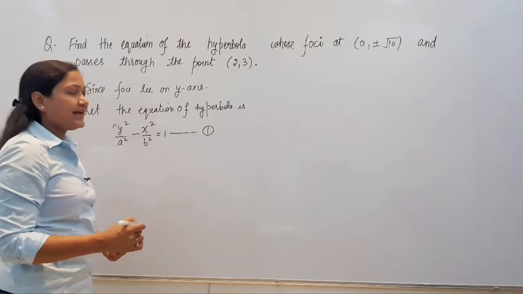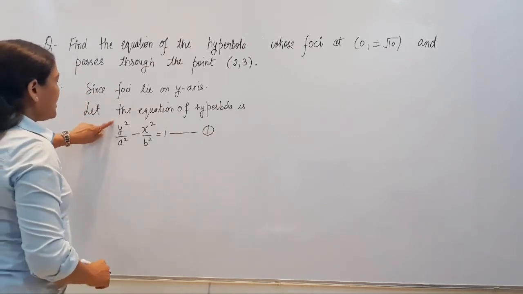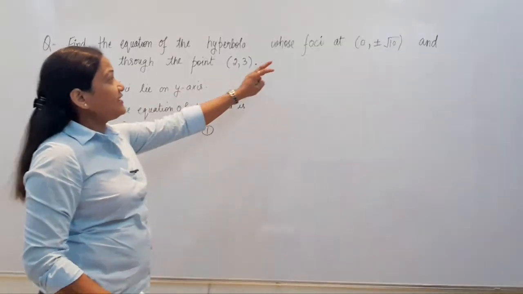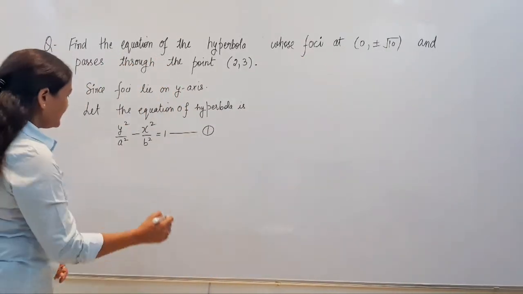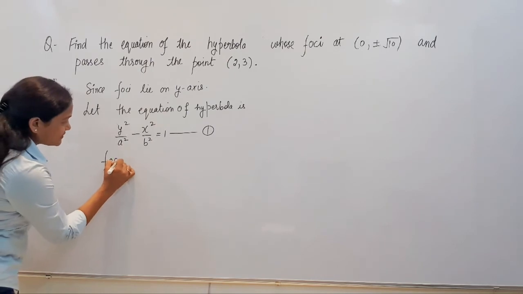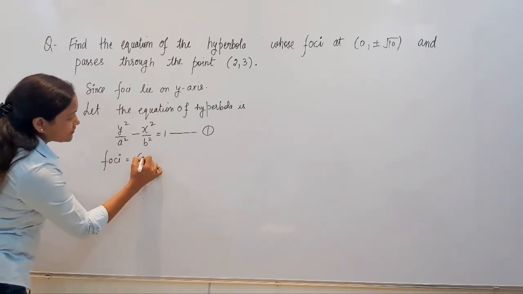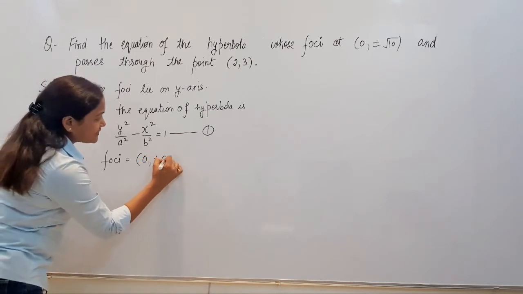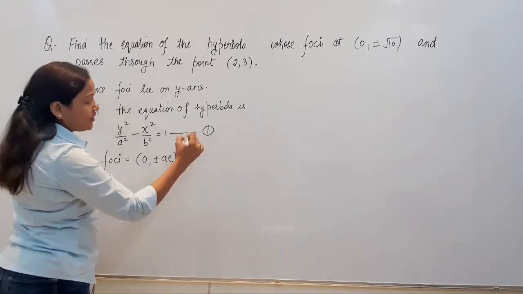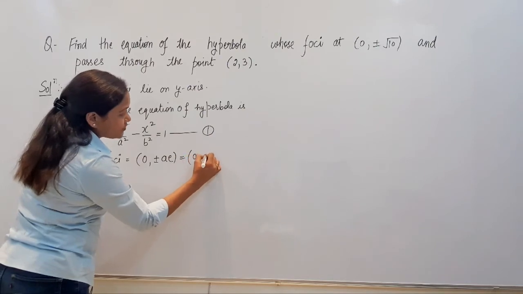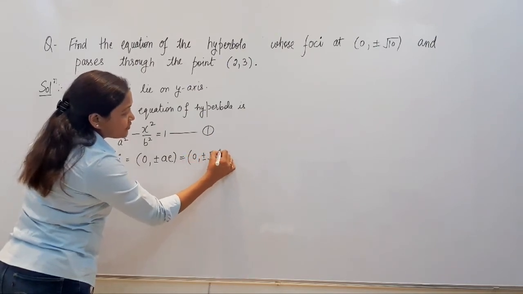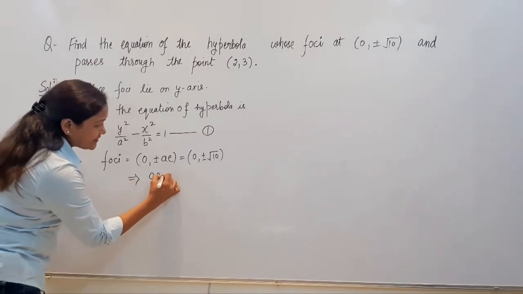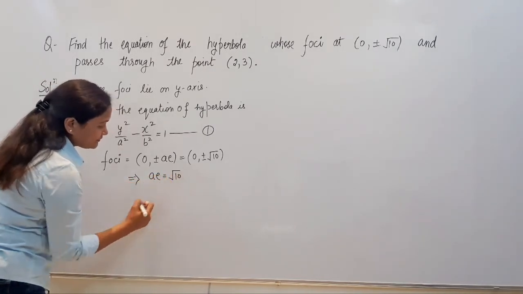Let's take it as first statement. Now, what do you know? That their foci are this. So, foci of this type of hyperbola are 0, plus minus AE, and according to the question they are equal to 0, plus minus root 10. So it will imply that AE is equal to root 10.